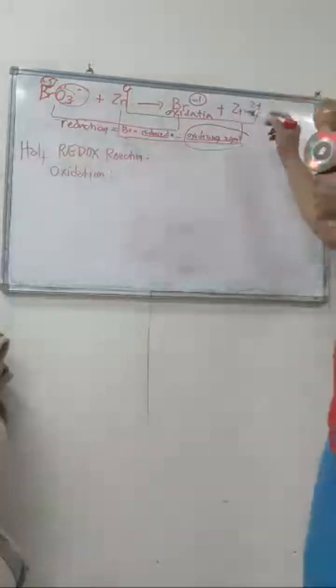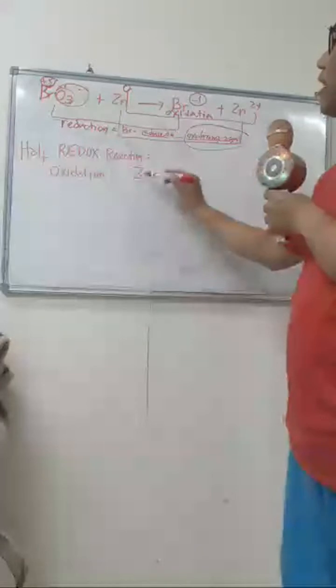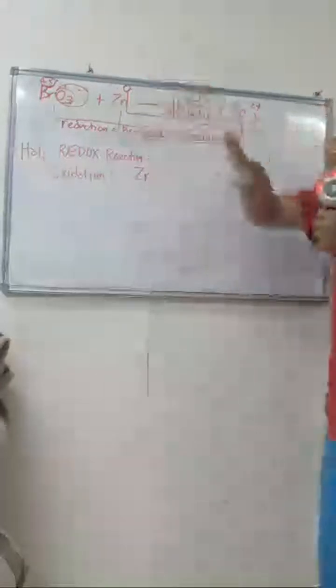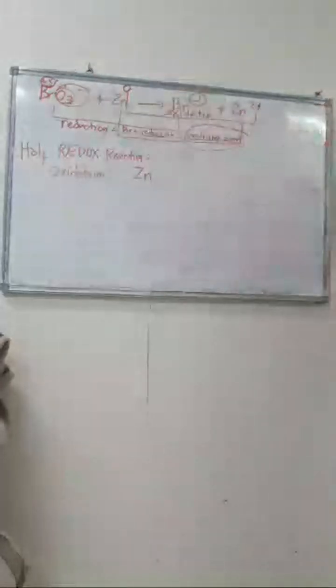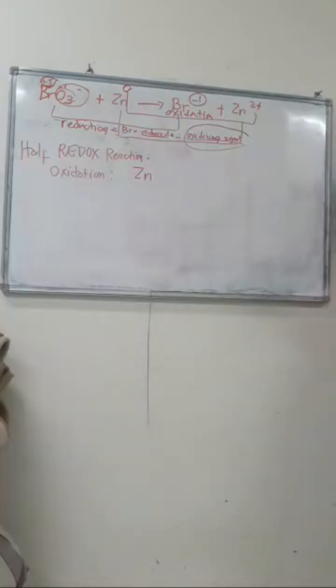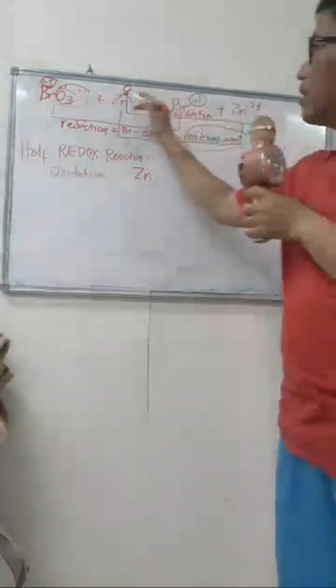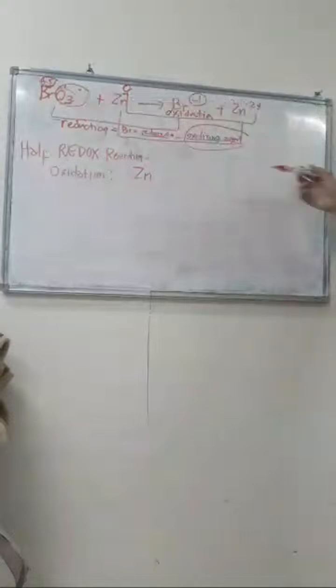So zinc. Guys, don't copy the 0 during the half reaction. You can copy only the positive 1 above, but never copy 0. Listen to this one. So zinc is equal to zinc 2 plus.